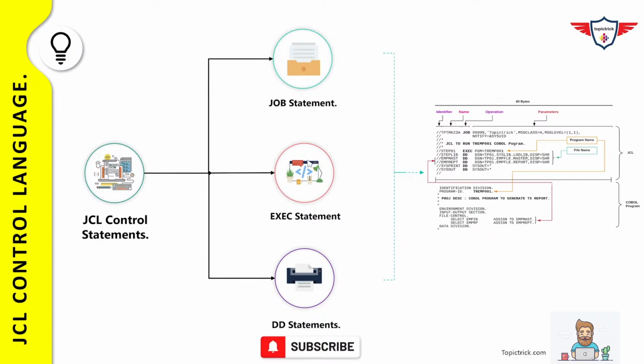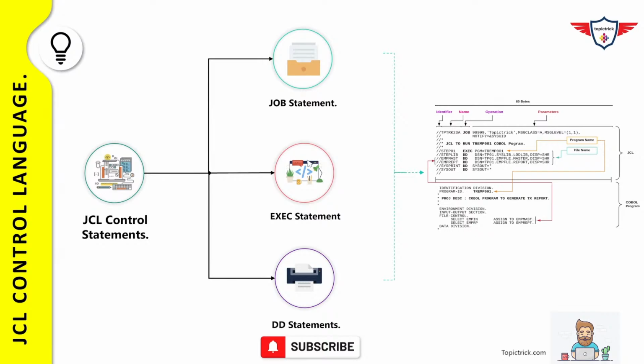A job step consists of all control statements that need to run one program. So if you want to run more than one program in a single job, then you have to write a separate step for each program. The step is going to have an execute statement that will specify the program name and a couple of DD statements that will specify the datasets that you will be using in the program.